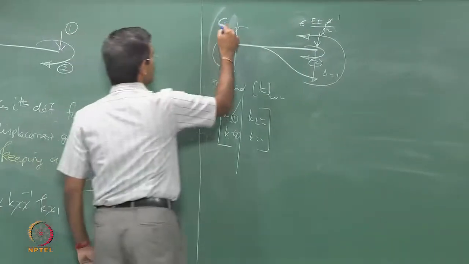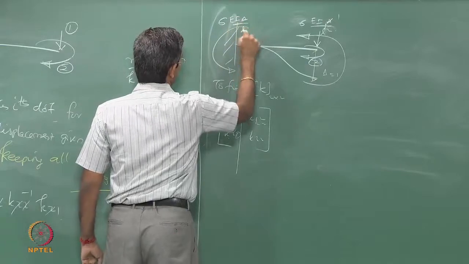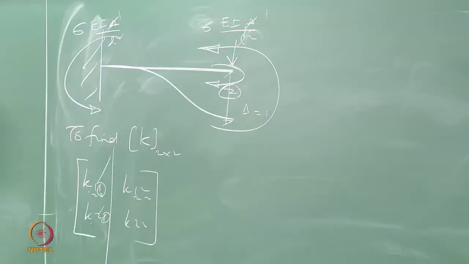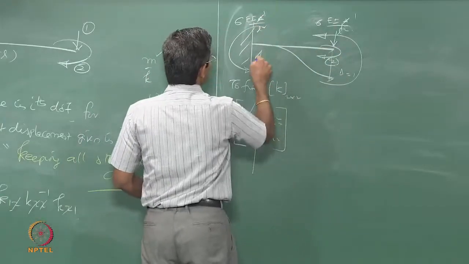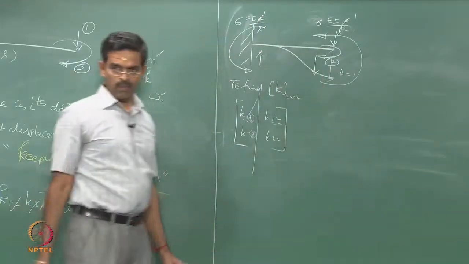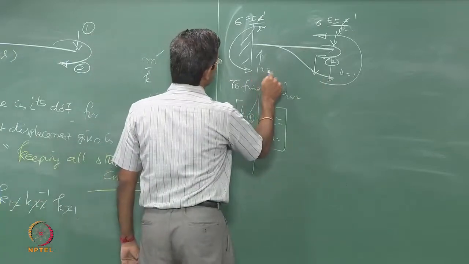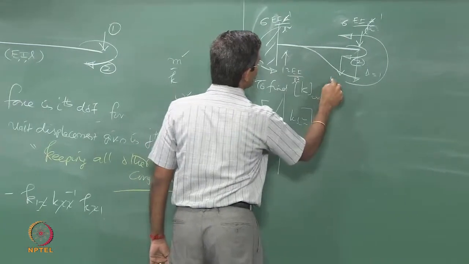Similarly, this is also going to be 6 EI delta by L square. So, 6 and 6 are 12, therefore, I will have a couple which is going to be 12 EI by L cube.